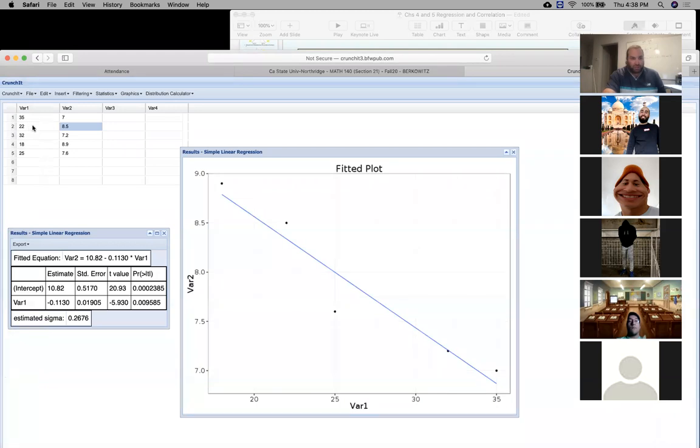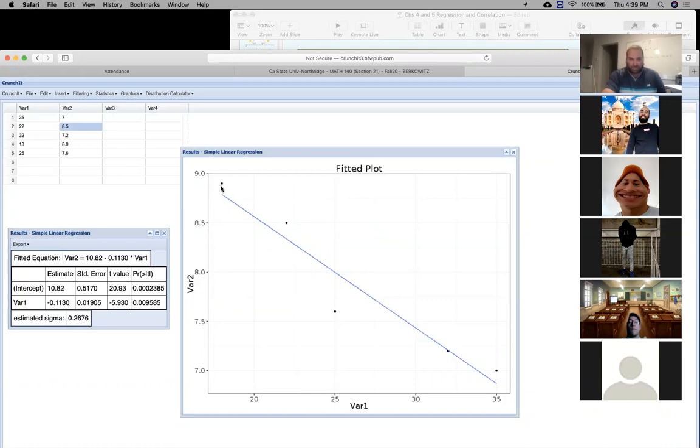When X equals 22, the actual value of Y is 8.5. But if this line is the actual best fit line, what does the line predict should be the value of Y for 22? About 8.4, correct? About right there. So the residual for this point would be the actual value 8.5 minus the predicted value of 8.4, approximately 0.1.